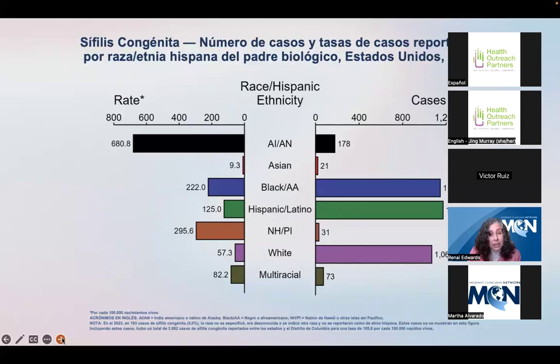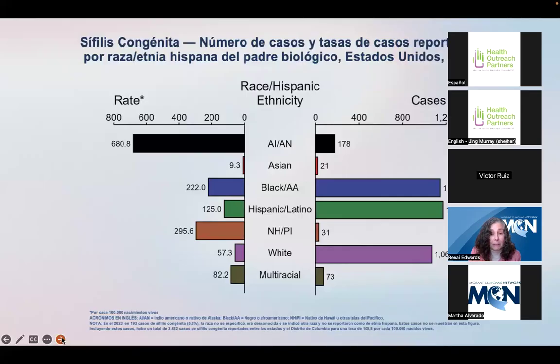Here's a little different way of looking at it, that might be some ways some of you who see epidemiology are more familiar with. The total number of cases are on the right, compared to the rate per 100,000 population on the left. Rates help us understand the difference between different size populations by looking at how many cases are born for every 100,000 people in that population.